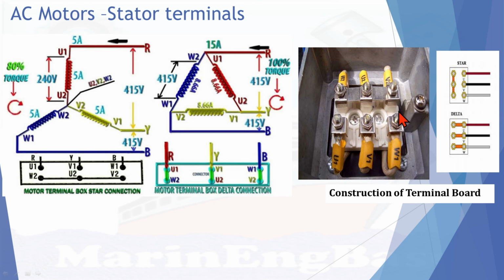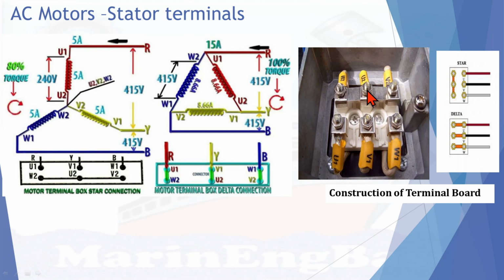So the cable connection for that configuration is like that. You can see V2, U2, W2, they are connected with this strip. And on this side you are going to give your supply. So this motor is running as a star, like in this top configuration. If you want to run this motor as a delta, then you have to remove this common contact strip.